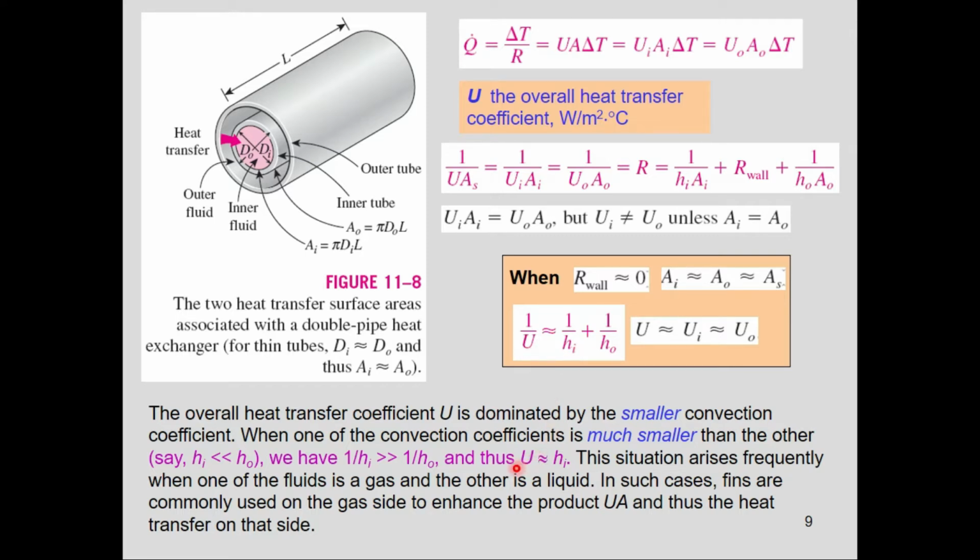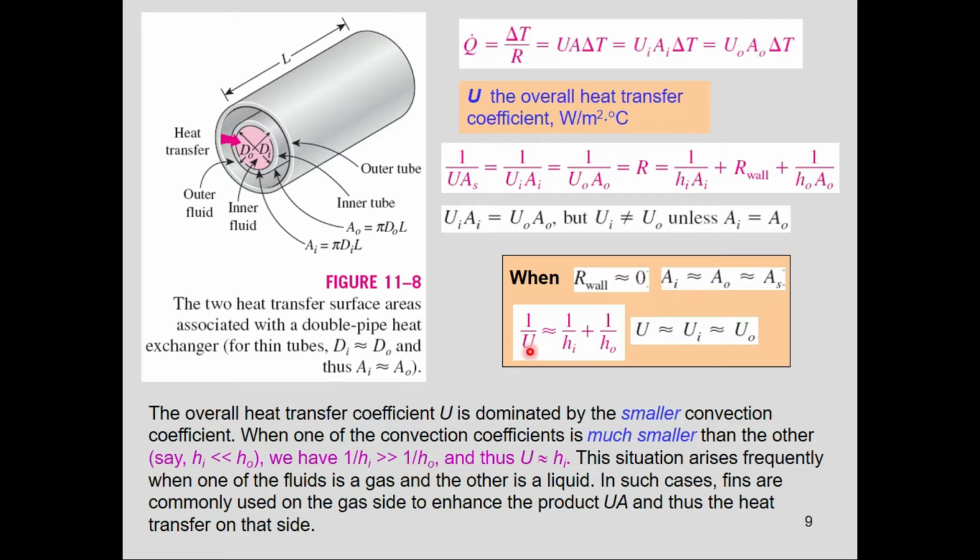So this is what is mentioned over here: for the convection coefficient which is smaller than the other one, for example h_i is very small compared to h_o, if we solve it, then 1 over h_i will be very high as compared to 1 over h_o.